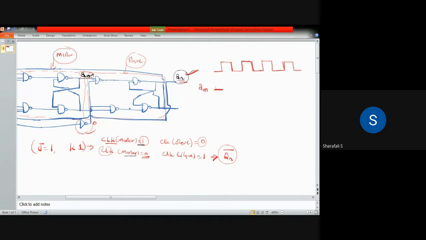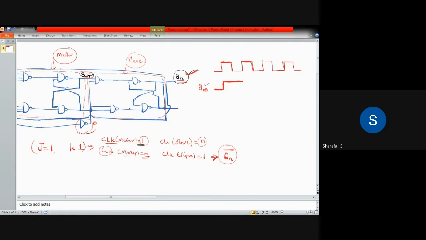So when the clock is 1, your master output will be toggling from 0 to 1. It will remain in this state until the next clock pulse equal to 1 comes.